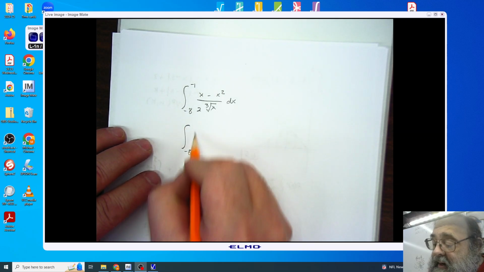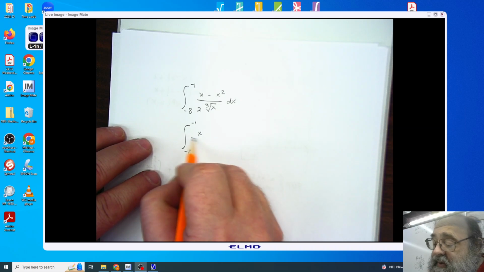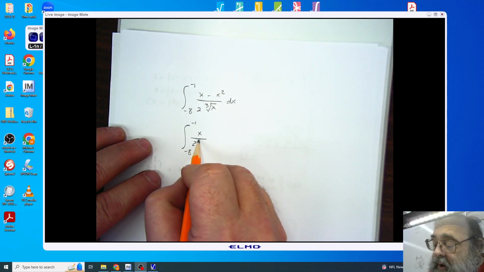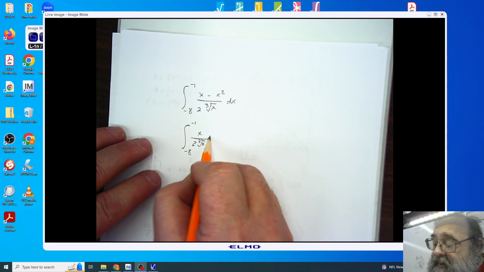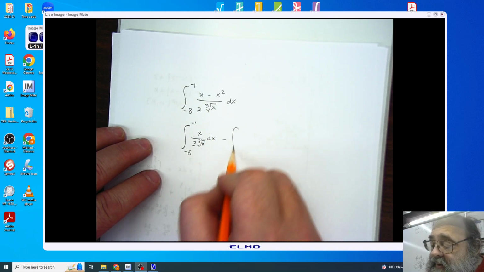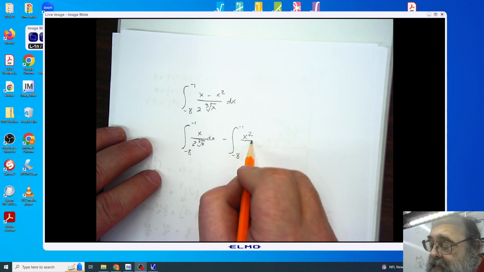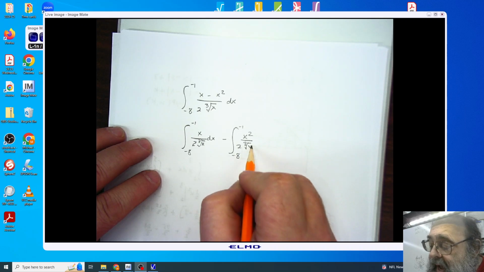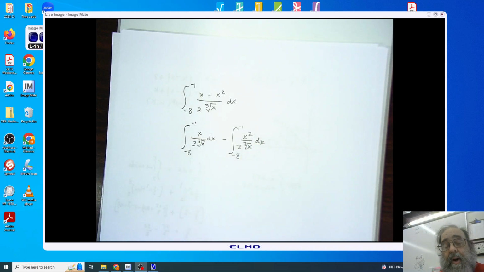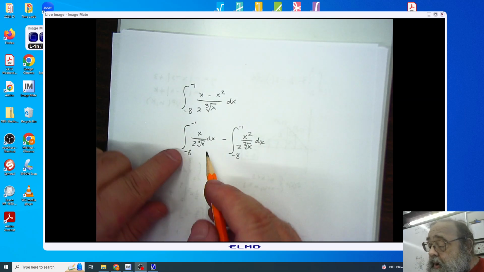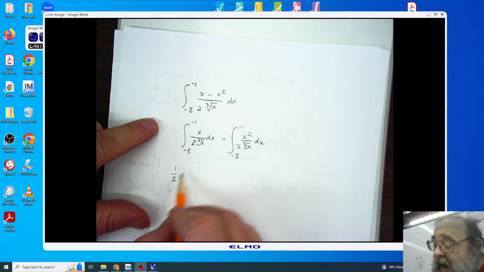So the integral from negative 8 to negative 1 of x over 2 times the cube root of x dx, and then minus the integral from negative 8 to negative 1 of x squared over 2 times the cube root of x dx. We're now going to have to use our laws of powers. And when we use our laws of powers, I'm going to first bring out the 1/2.